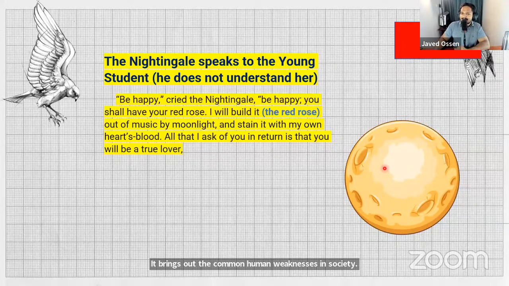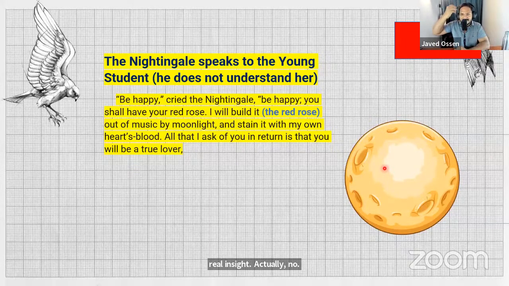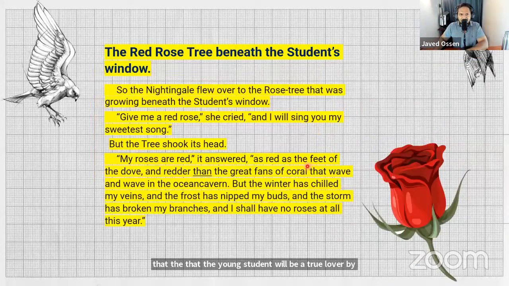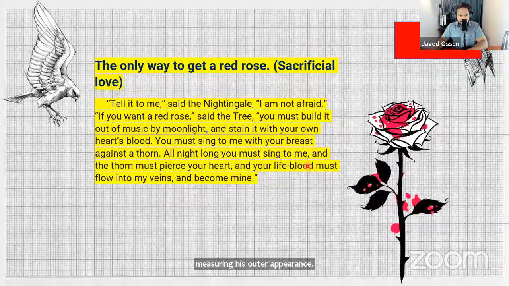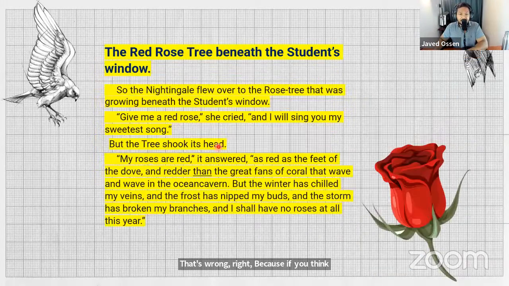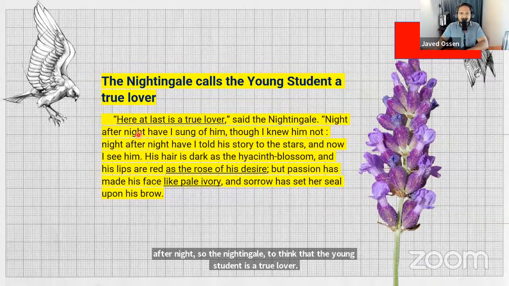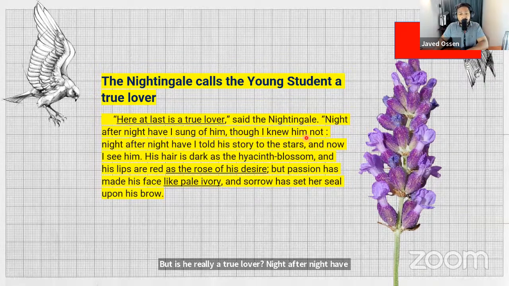Actually, no. Do you understand, Tavindu, that even the nightingale made a mistake? The nightingale thought that the young student will be a true lover by measuring his outer appearance. That's wrong, right? Because if you think about it, "Here at last is a true lover," said the nightingale. "Night after night have I sung of him, though I knew him not.